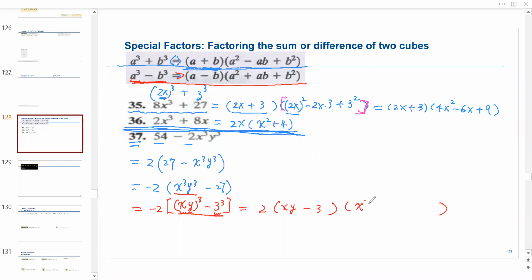A squared is x squared y squared, plus AB, so 3xy, plus B squared, 9. So this one can be factored into this. Actually this one just uses this formula. You try to identify A, identify B, and then use the formula to factor these kinds of cubic expressions.